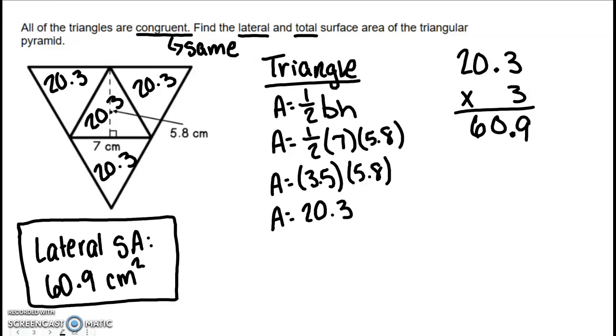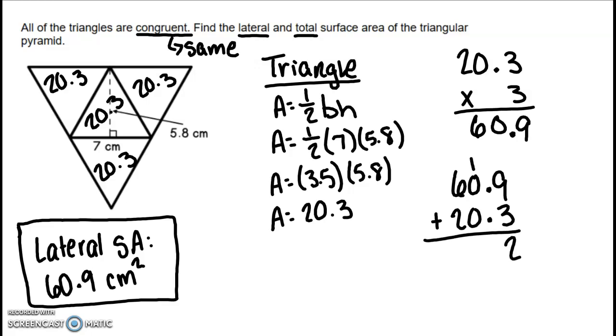And then to find my total surface area, I just need to add in that base. So I'm going to take the 60.9 and add 20.3. Whenever we are adding with decimals, we keep that decimal lined up.